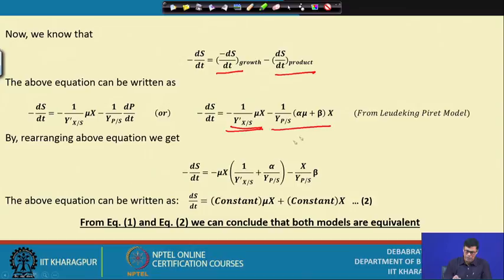Now, if we analyze these two equations, we can write -ds/dt equal to this plus this, and this is constant and this is also constant. So, we can write -ds/dt equals a constant into mu x plus a constant into x, and we found the Pirt model is also the same. So, from that we can conclude that both are equivalent.